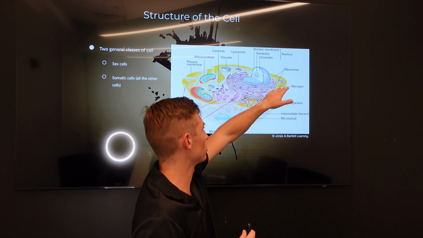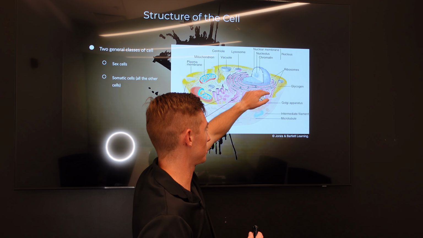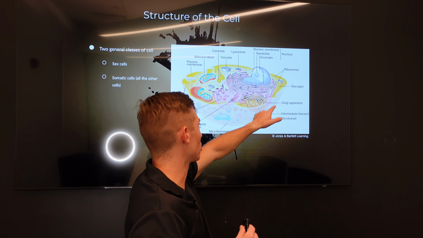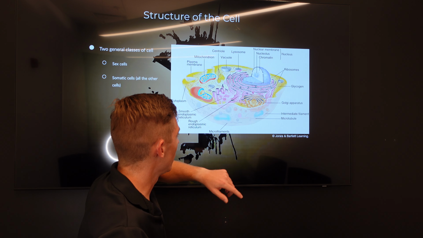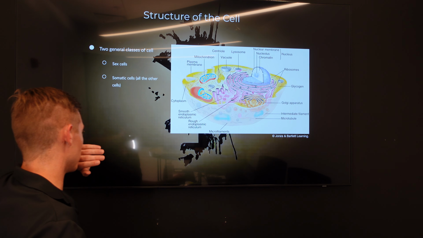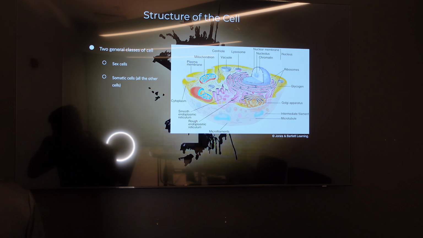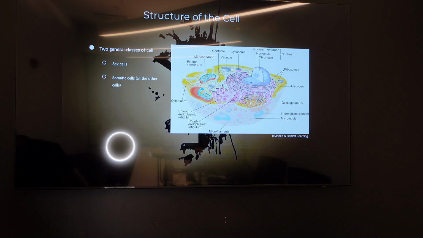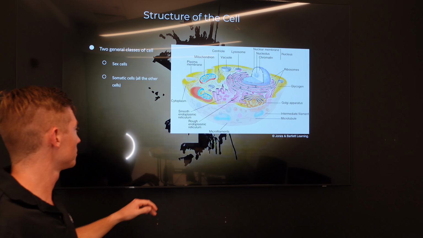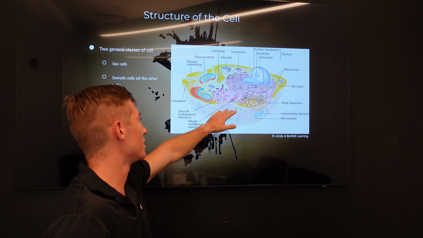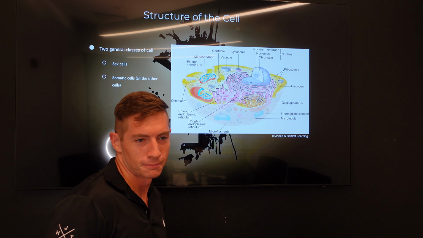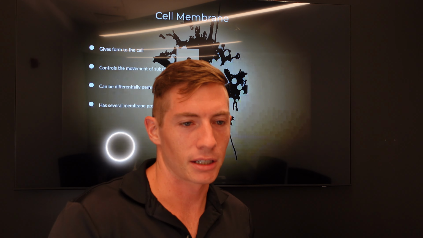And then you've got your ribosomes, that is this whole substance around it. Your glycogen, the Golgi apparatus, intermediate filament, microtubule. Yep, smooth endoplasmic and then rough endoplasmic reticulum. All right, so there we go. That's a picture.